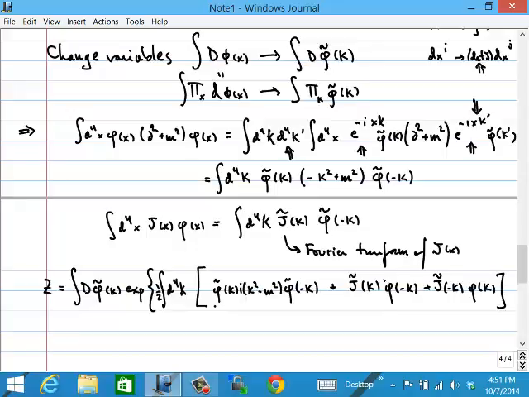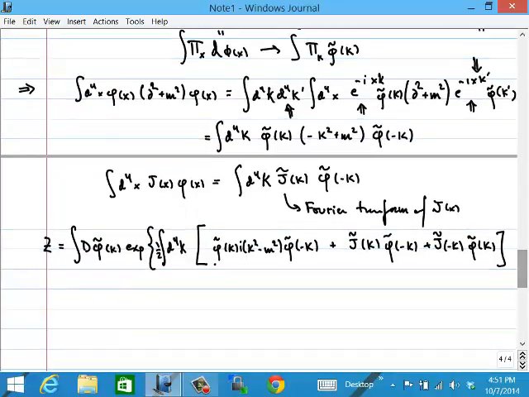That's just to make everything look a little bit more symmetric, so that my integrand here is symmetric under k goes to minus k. All I did here is the trivial thing where this is 1/2 integral d4k, J of k, phi of minus k, plus J of minus k, phi of k, just by dividing into two terms and doing the change of variables k to minus k in the second term.